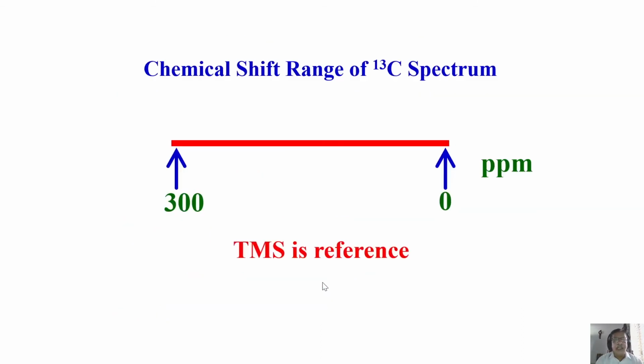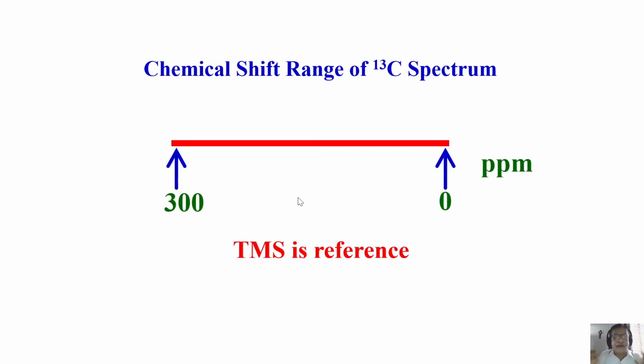Now, if you look at the chemical shift range of carbon 13, again it is measured with reference to TMS. Proton is 0 to 10 ppm, but carbon is 0 to 300 ppm. Very interesting. Remember, if I have a 500 megahertz spectrometer and I want to study proton, 10 ppm means I will cover only 10 into 500, 5000 hertz.